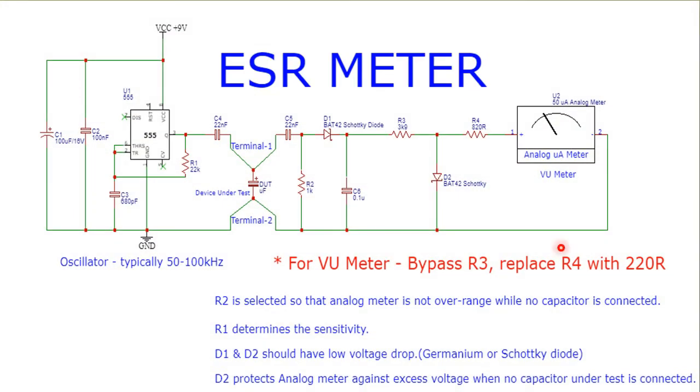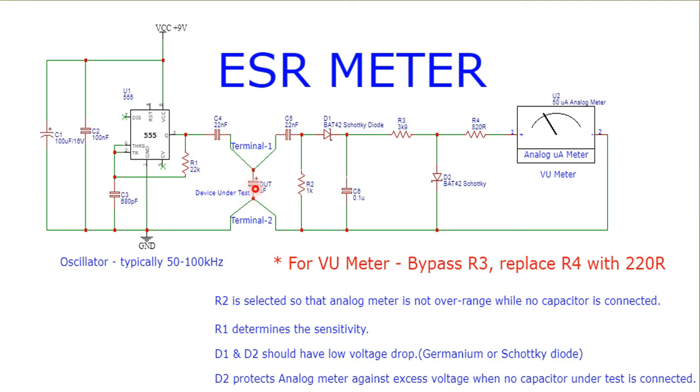The diagram shown here is the ESR meter, which is built around the 555 integrated chip. This 555 acts as an oscillator, typically oscillating at 50 to 100 kHz, and the output is fed to the device under test, which is our electrolytic capacitor.